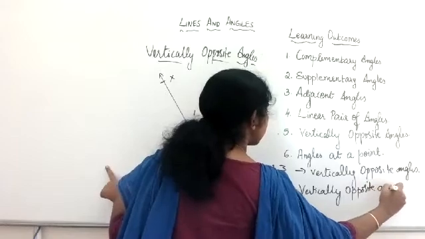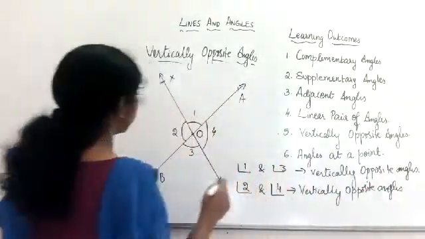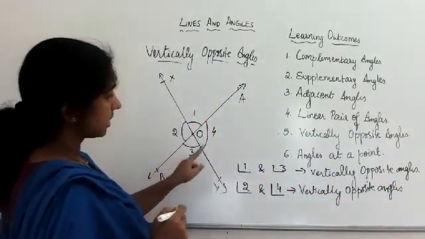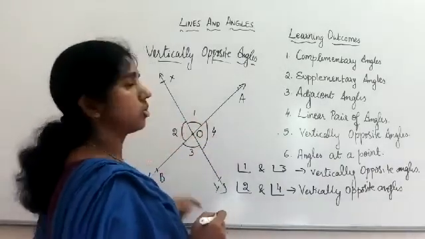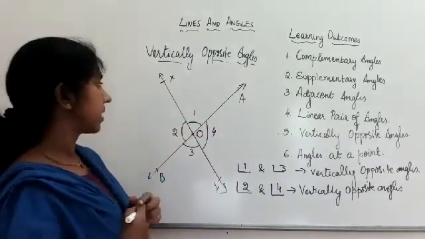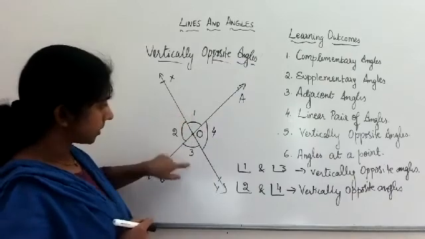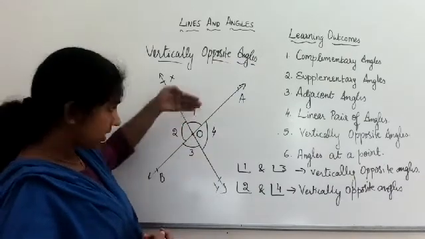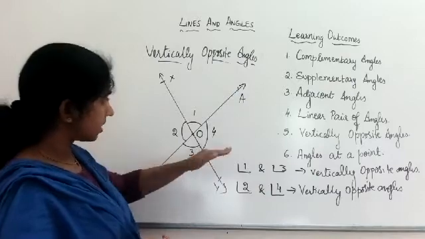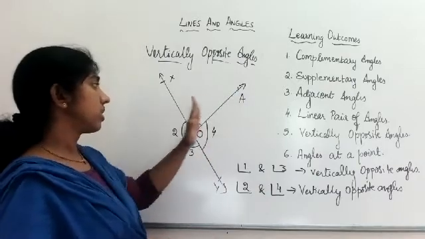The other angles will be adjacent to each other. 2 and 3 are adjacent, 3 and 4 adjacent, 4 and 1, 1 and 2. These are all adjacent angles. So 1 is vertically opposite to 3, exactly opposite. 2 is vertically opposite to 4.